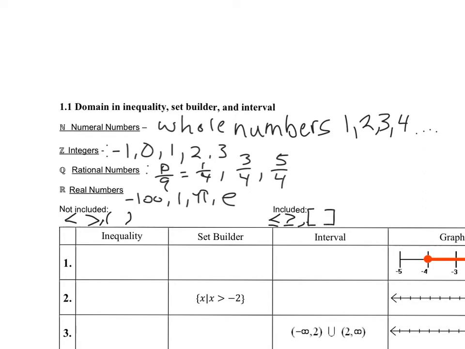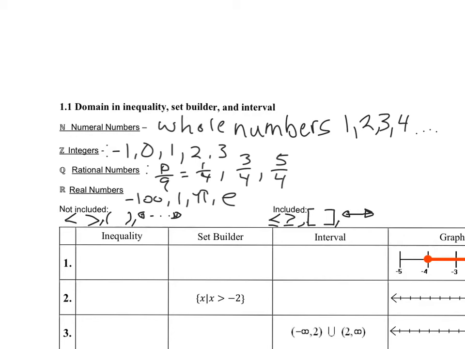Also, something that we've worked with these past couple of days is the line itself. If we had a dashed line on our graph, that told us that, hey, that is not included if we found a coordinate point on it. But on the flip side, when it was included, it was a solid line.